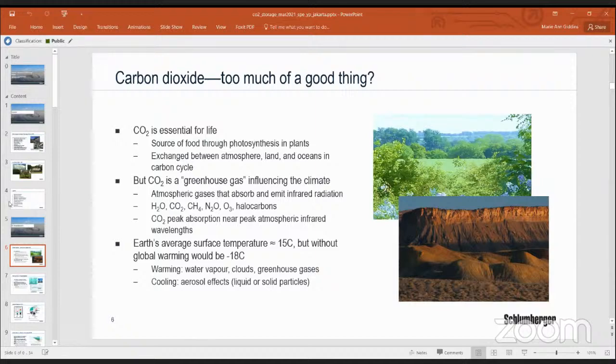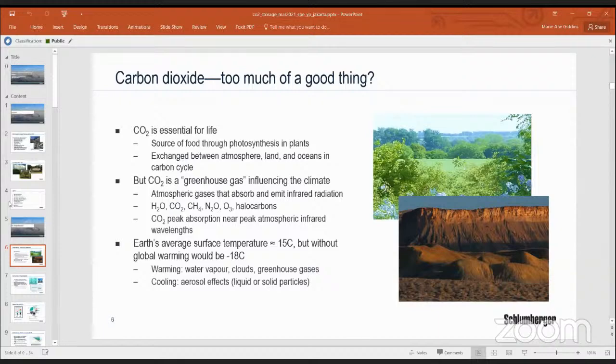Just to confirm that greenhouse gases are not entirely bad, the average surface temperature today around the world is about 15°C. If we didn't have any global warming, the average temperature would be -18°C, which would mean that life would be very hard to sustain as we know it.